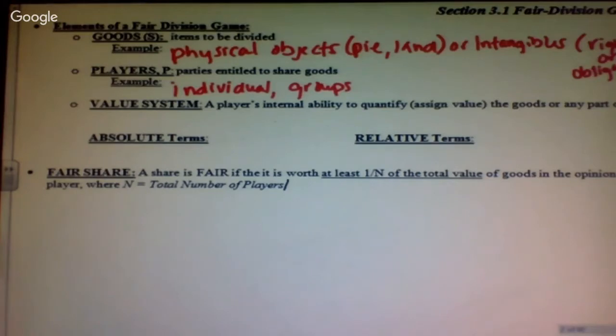So, you're going to assign values to different things. If we're talking absolute terms, absolute terms mean we're worth money. Something like you have a Kit Kat bar or Twix, and you would assign it value.